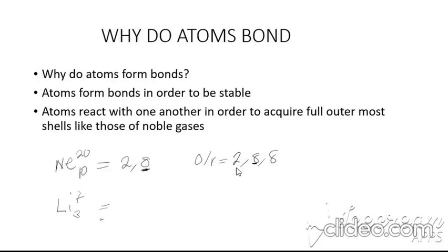The octet rule says first you should have 2 electrons. 2 subtracted from 3, you're going to have 1. Here we're not having 8, because the second shell according to the octet rule should have 8, but it's having 1. So this one is a metal, meaning lithium should lose this electron so that it can be stable.